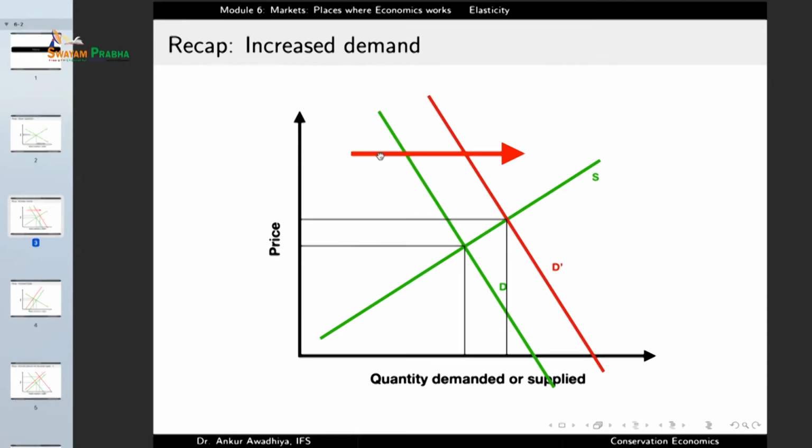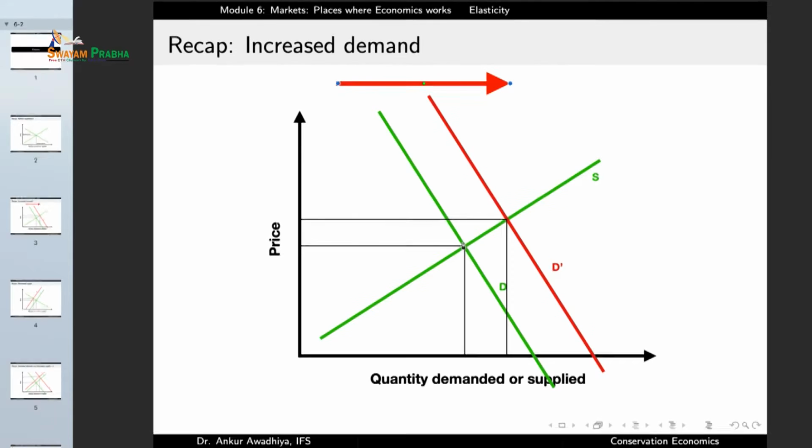Now, if we consider an increase in demand, here the earlier demand curve was this, the new demand curve is this. So, what happens to the equilibrium?